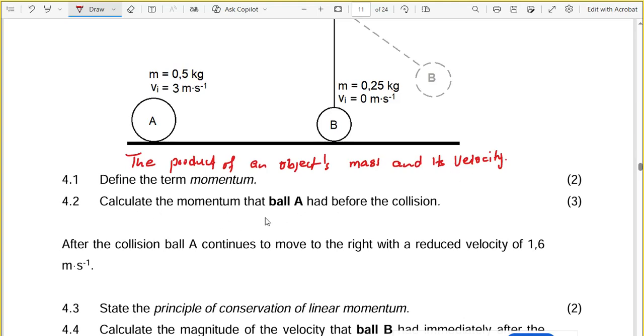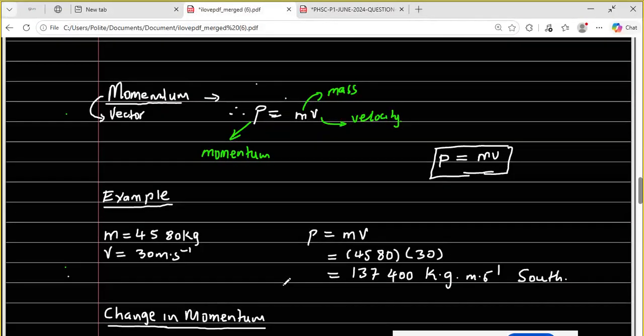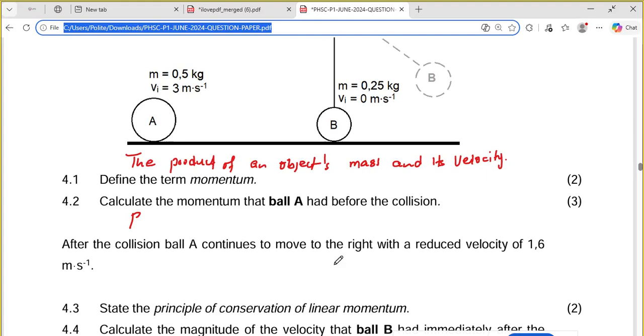Calculate the momentum that ball A had before collision. If you want to calculate the momentum, remember the formula from our notes. Momentum is the product of the mass times the velocity.